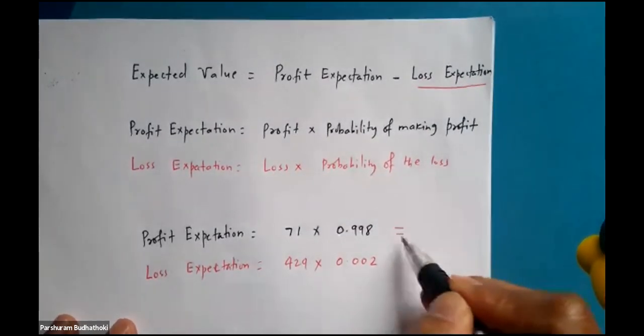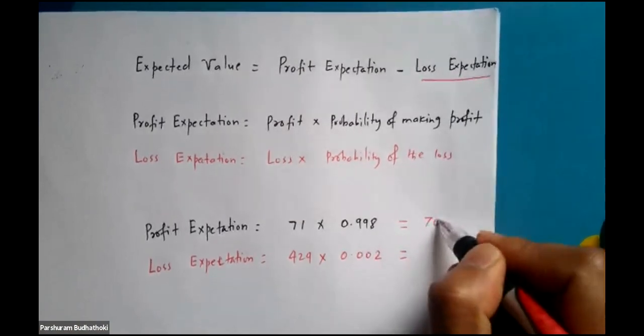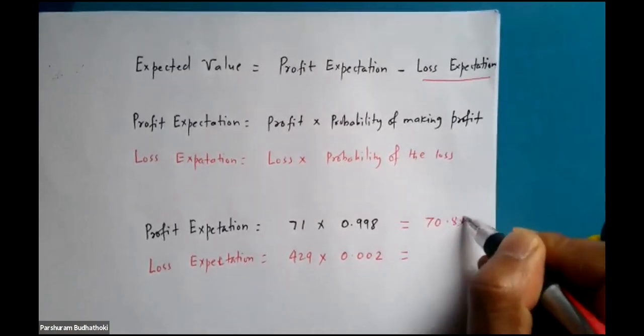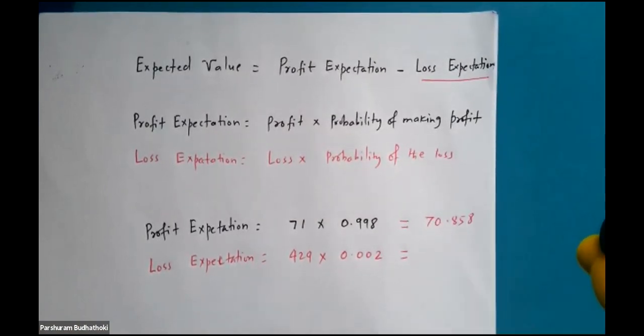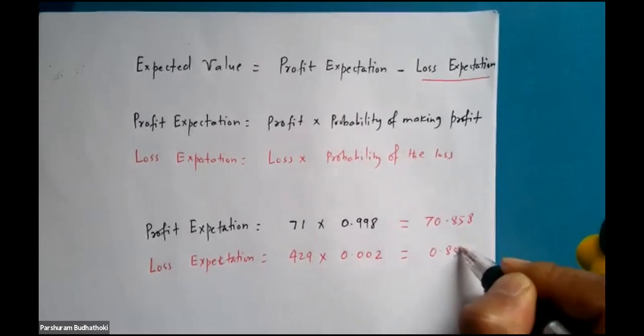So this is 71 times 0.998. If I multiply using the calculator, and you can use a calculator here, 71 times 0.998 is equal to 70.858, and 429 times 0.002 is equal to 0.858.